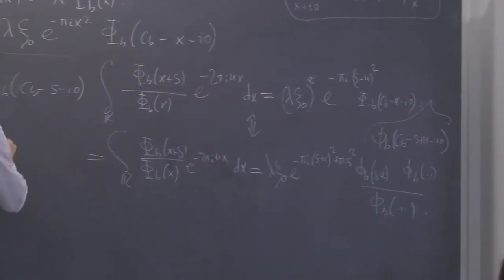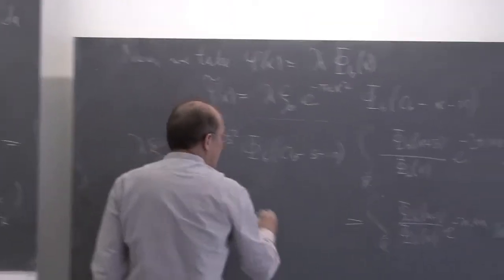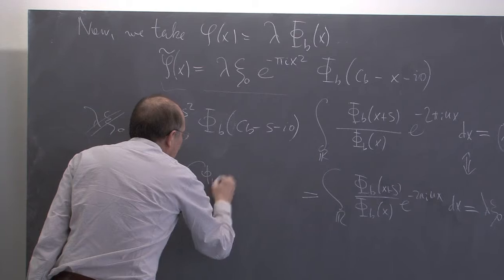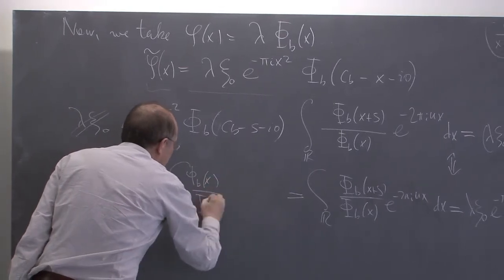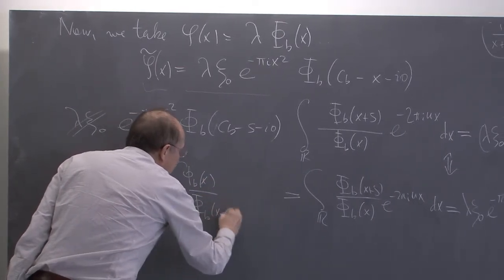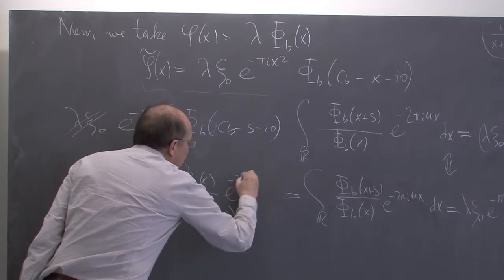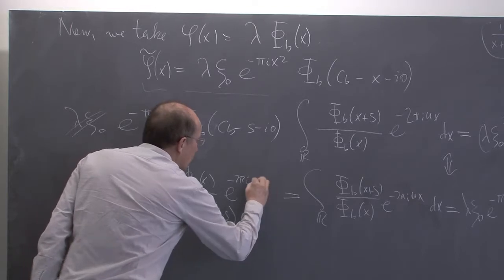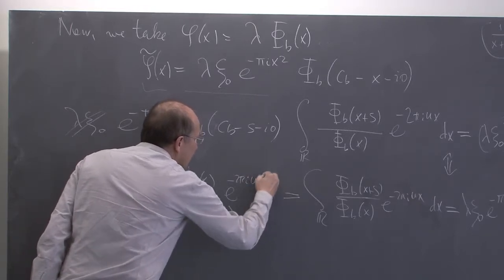So let me write this by shifting x by minus s: phi b of x divided by phi b of x minus s, e to the minus 2 pi i u (x minus s).